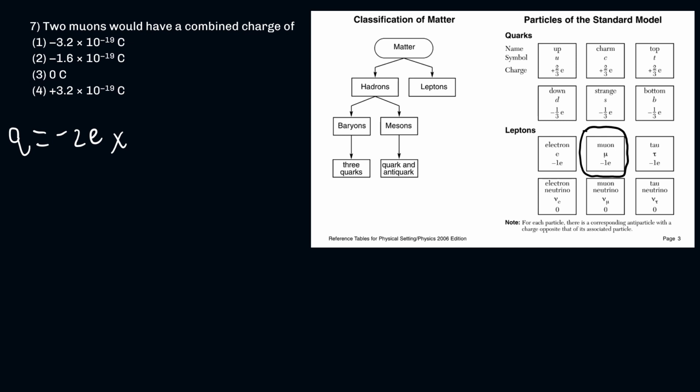If I look at the reference table, I can find that 1 elementary charge, E, is 1.6 times 10 to the negative 19th coulombs. This is on the front page of the reference table. To go from elementary charges into coulombs, I cancel out the elementary charge, so I put 1 elementary charge on the bottom and on top 1.6 times 10 to the negative 19th coulombs.